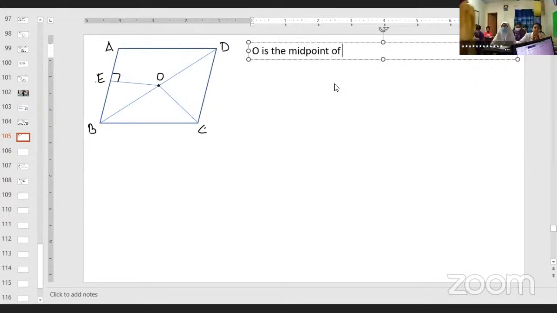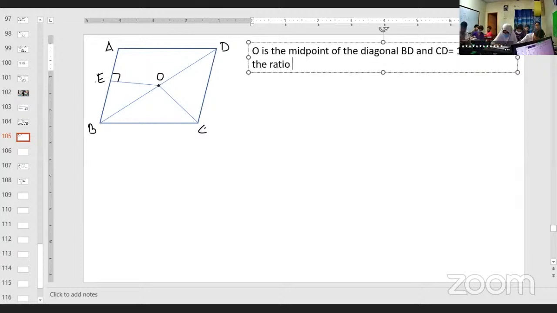Who is the midpoint of the diagonal BD? CD is equal to 10 centimeter, sorry, in the Bangla version CD is equal to 10 centimeter, right?